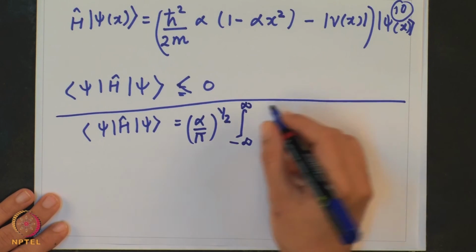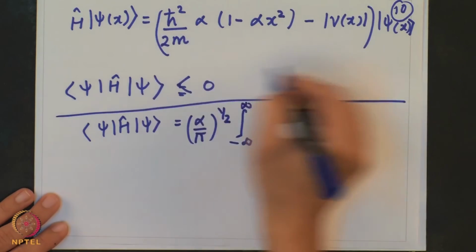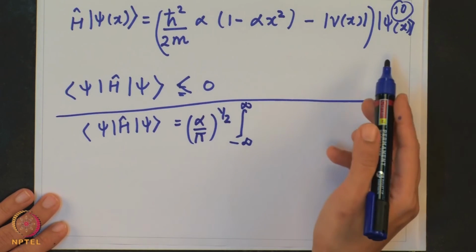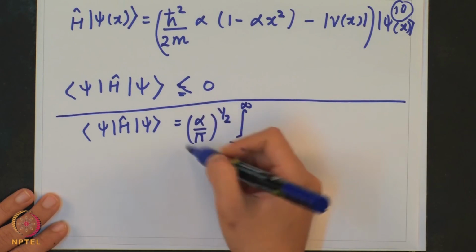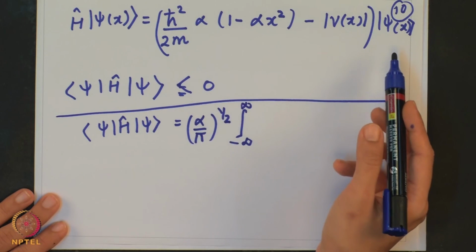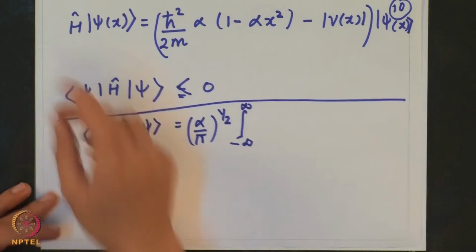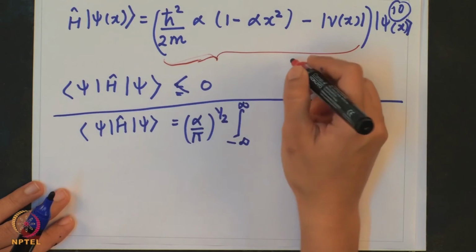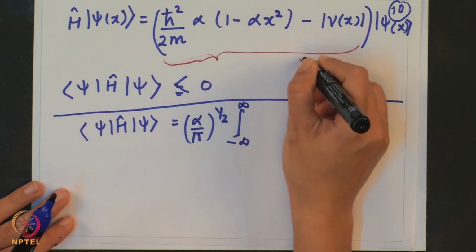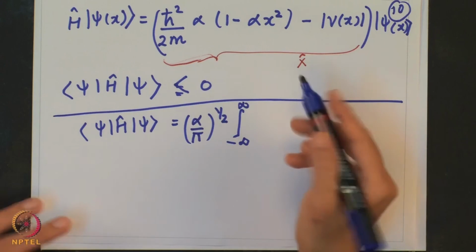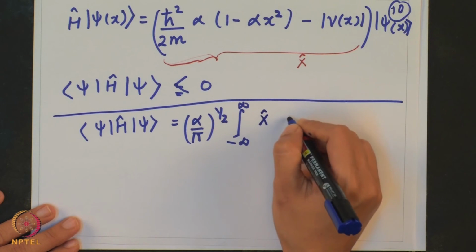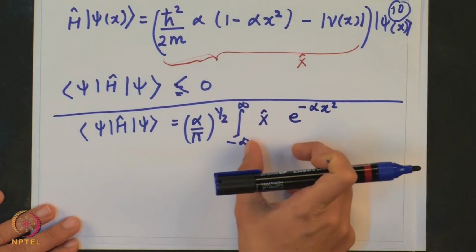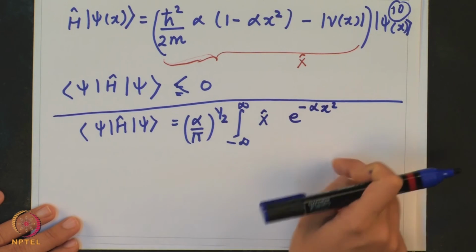From minus infinity to infinity, I have this entire expression and psi star psi. Psi star psi, one part I have already written, so you will have e raised to minus alpha x square. This entire thing would come here, and then you perform the integration.